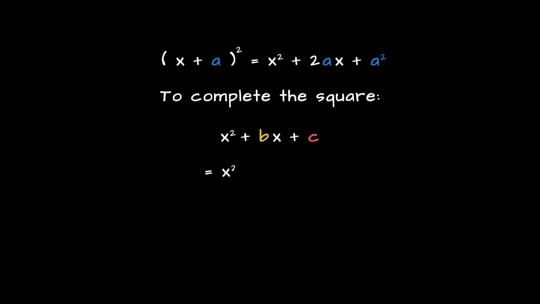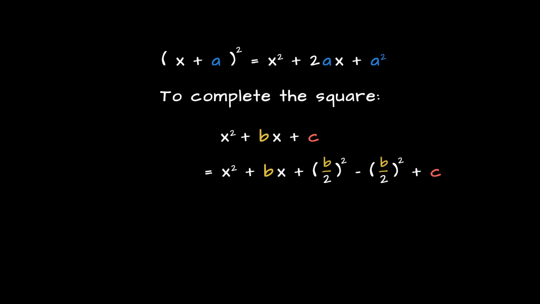So what we'll do is rewrite the expression, in this case, as x squared plus bx plus, and now I want to add b over 2 squared, and I also want to subtract b over 2 squared, so that I don't change the value of the expression. And finally, I shouldn't forget about the constant c.